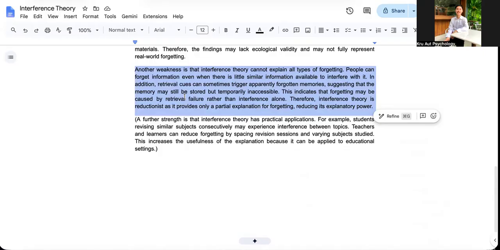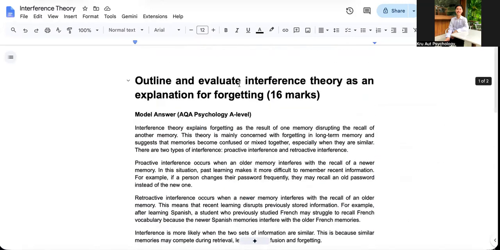The word forgetting is wide. It can refer to forgetting of any kind, from short-term or from long-term memory, right? But in this case, the question is on interference theory, and we're talking about information in long-term memory.